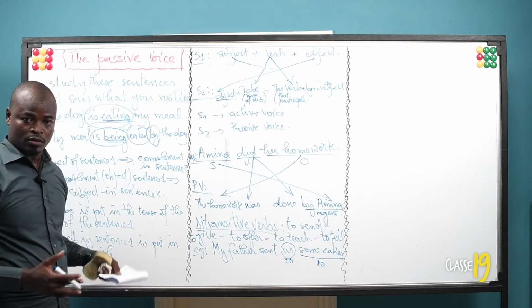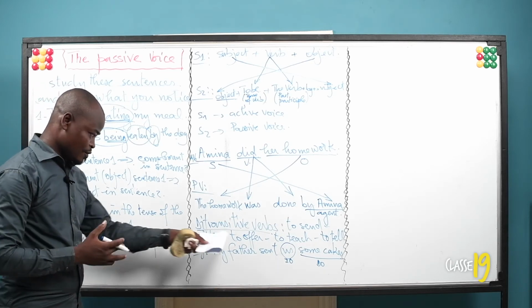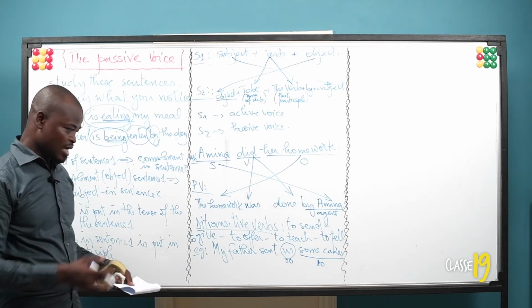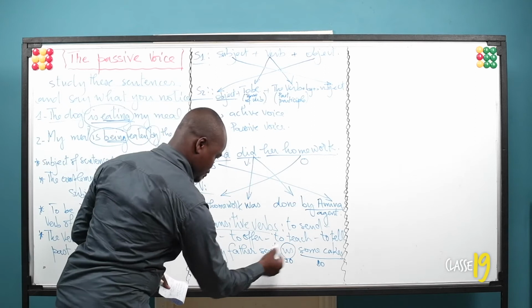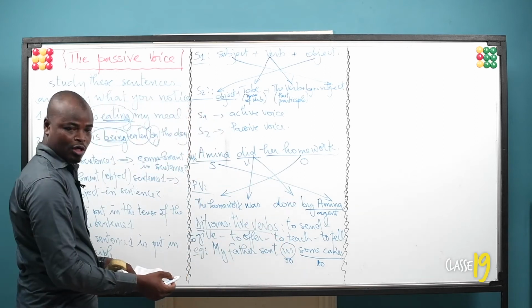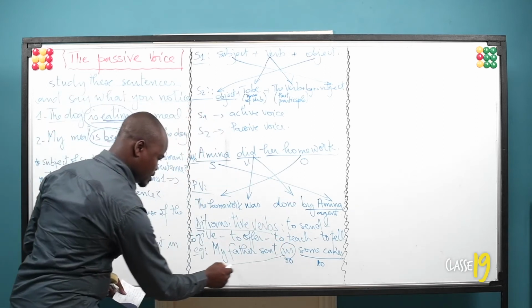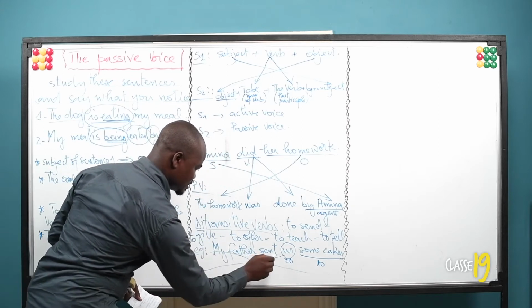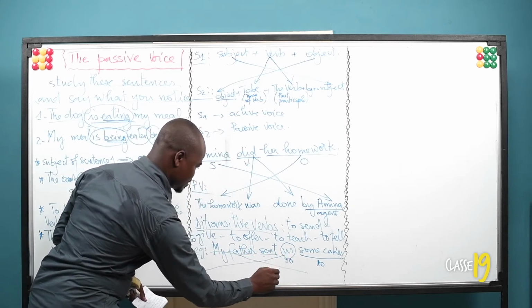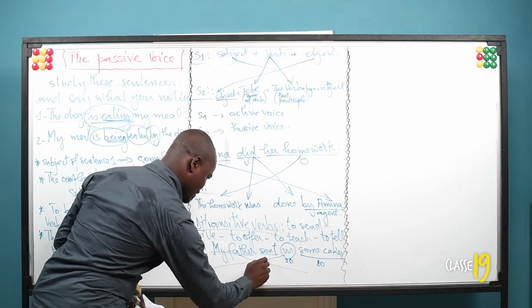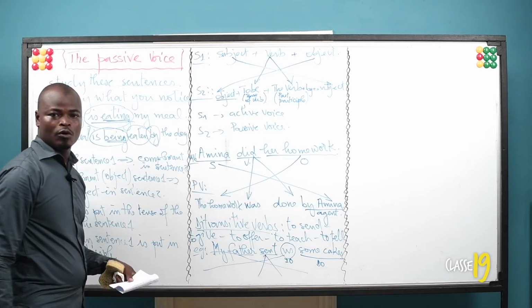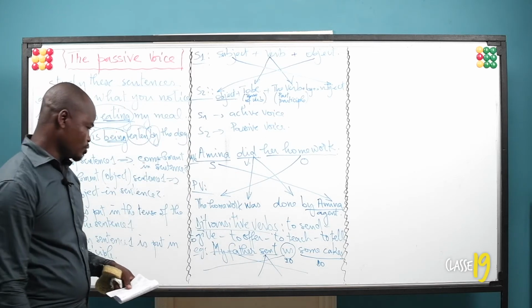The first one is with the indirect object, and the second one is with the direct object. Like I said, if we start with the indirect object, we have this. This is the subject, this is the verb, this is the object, okay? And we have the verb to be in the tense of the verb, and the verb in past participle.